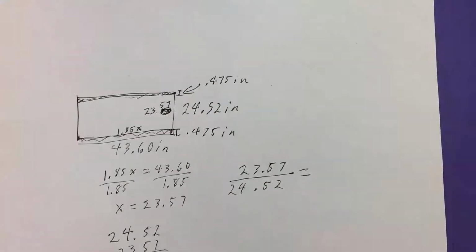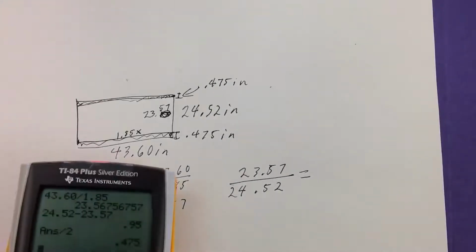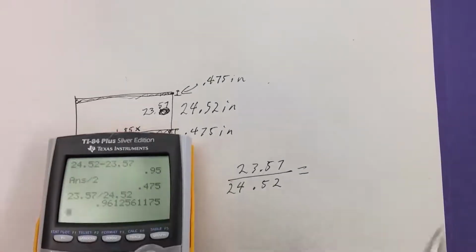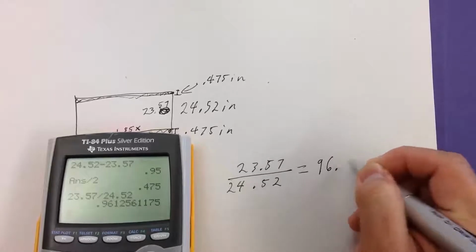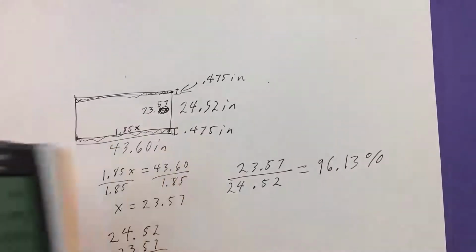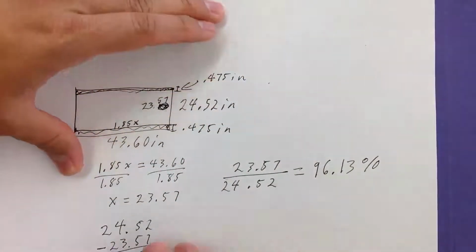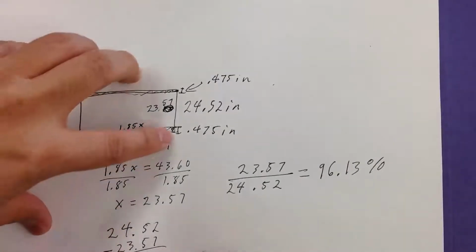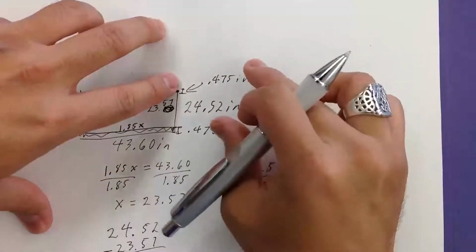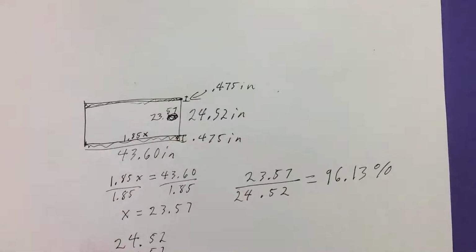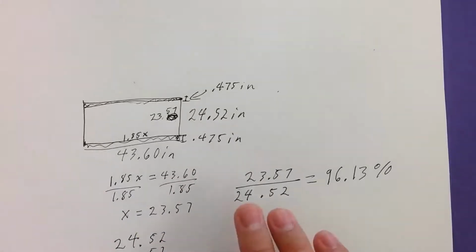This will give us our percentage of the area. 23.57 divided by 24.52 is approximately 96.13%. That's the percentage of the screen that's occupied by the image. And the reason it's so easy is that since you're multiplying by 1, all you need to do is solve for x, and once you get that x, you basically have your height automatically. You don't need to worry about anything.